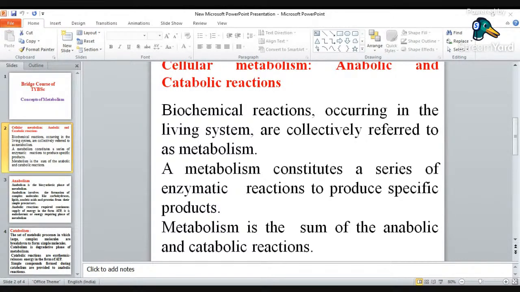Fructose is also a monosaccharide. Sucrose, maltose and lactose are the disaccharides. Cellulose and starch are the polysaccharides.